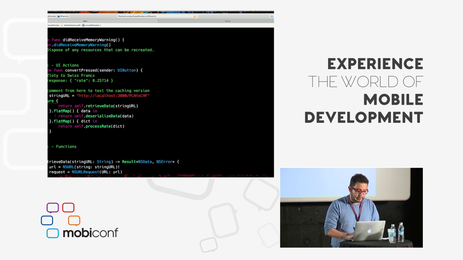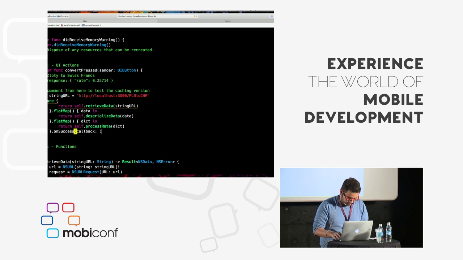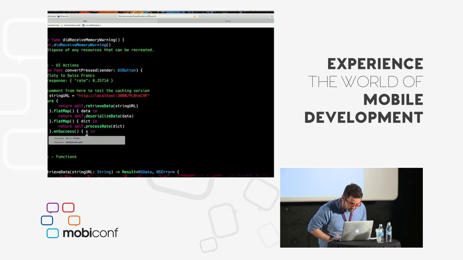And so basically now we have processed all three steps, and what we have back is our rate. So if I write my onSuccess and I check the type, it says that it's a float.